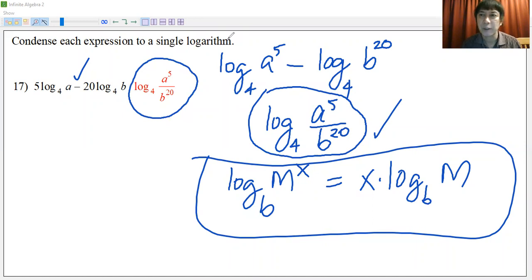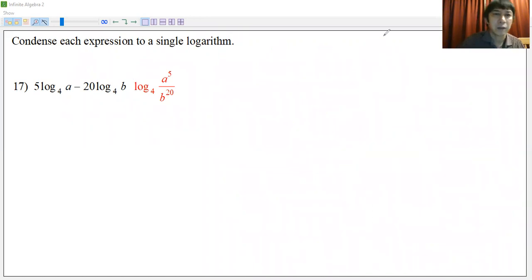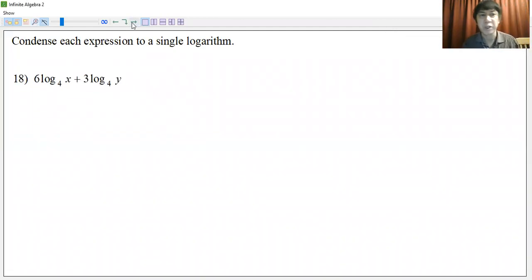We will continue with the next numbers. Let's proceed to number 18. Here's number 18, a very simple addition of logarithms. So we can read the problem: 6 times logarithm of x base 4 plus 3 times logarithm of y base 4.